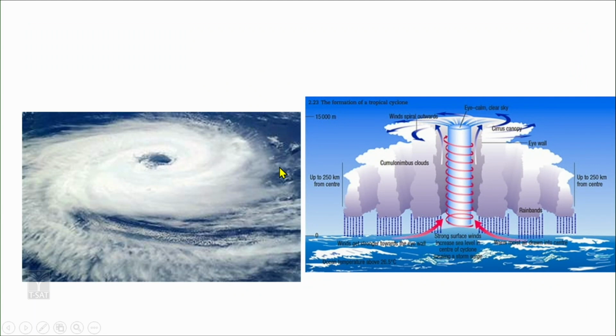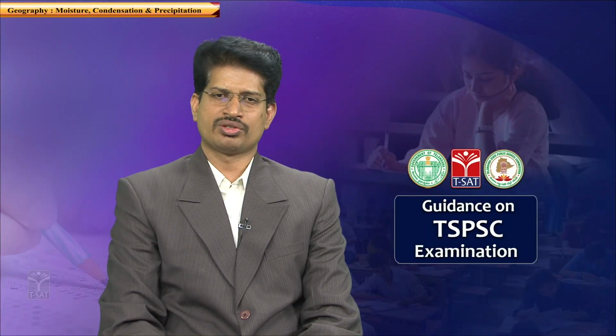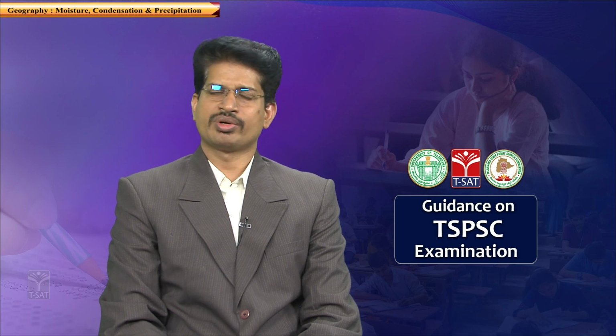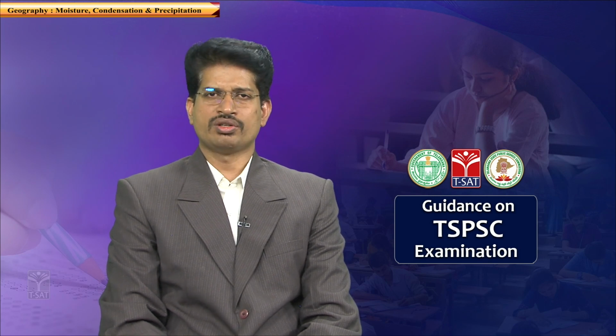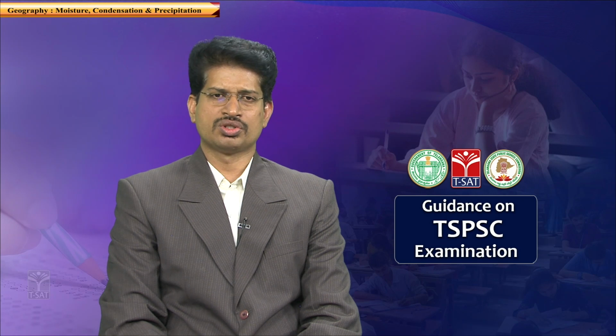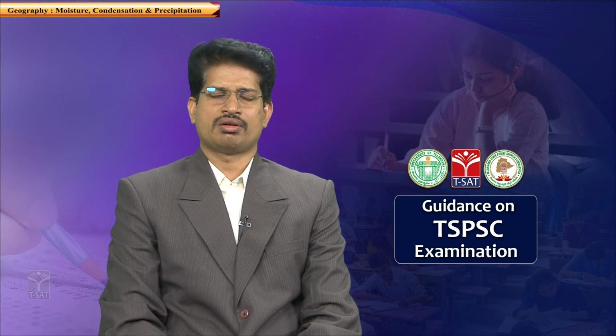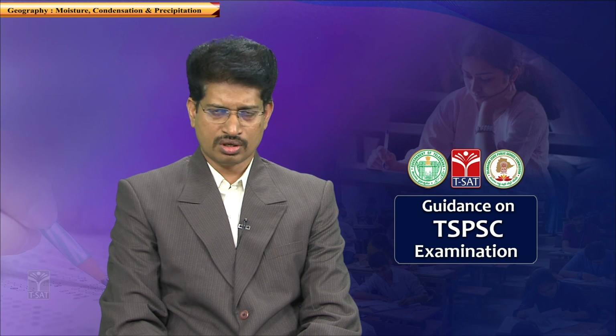The third type of precipitation is cyclonic precipitation. Cyclonic precipitation is caused by a pressure gradient developed because of differential heating. A region which is highly heated and a region which is not heated lead to the development of a pressure difference. A cyclone basically develops only over an ocean, on the seas.